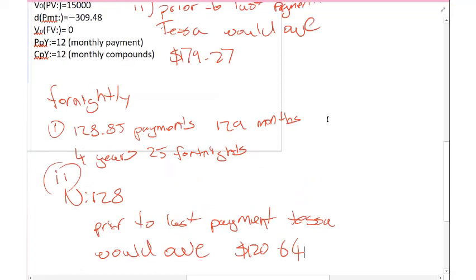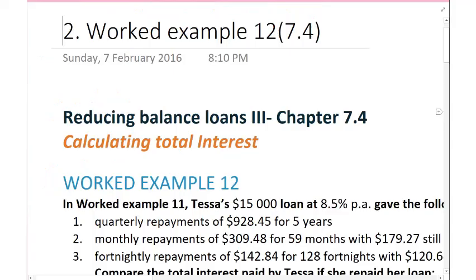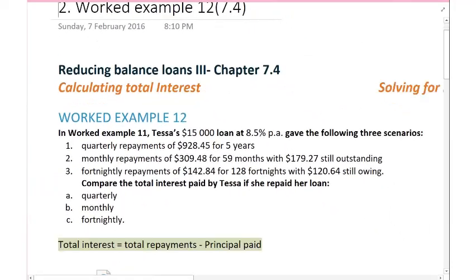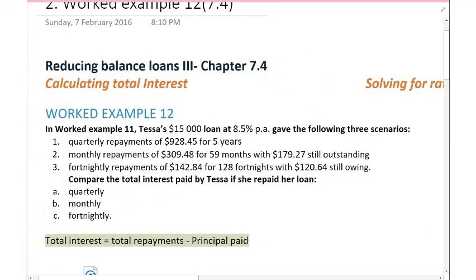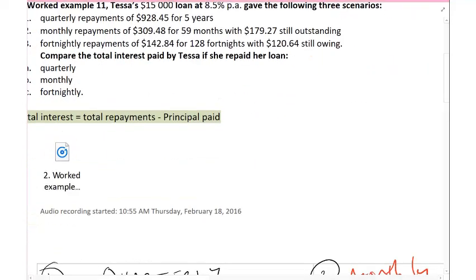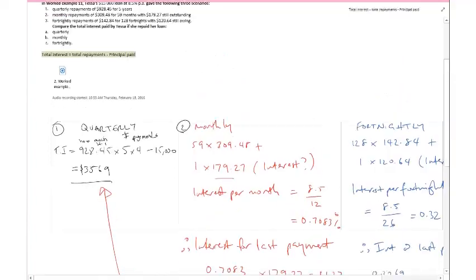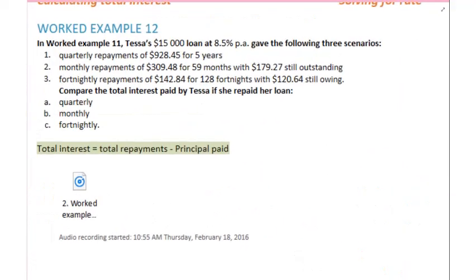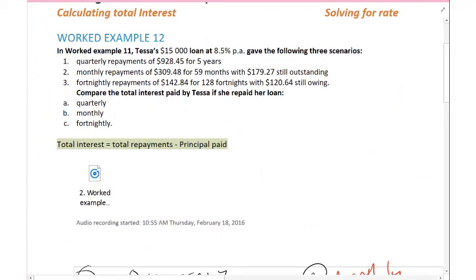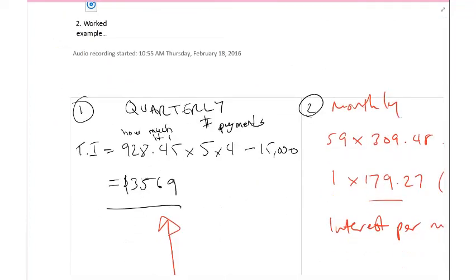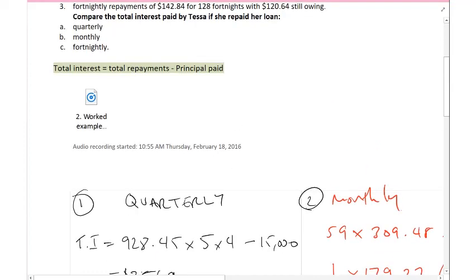Okay. Question 12, worked example 12, is using that same data and calculating the total interest and the effect. So what are we looking at? After exactly 5 years, quarterly, we're using this formula here for total repayments.